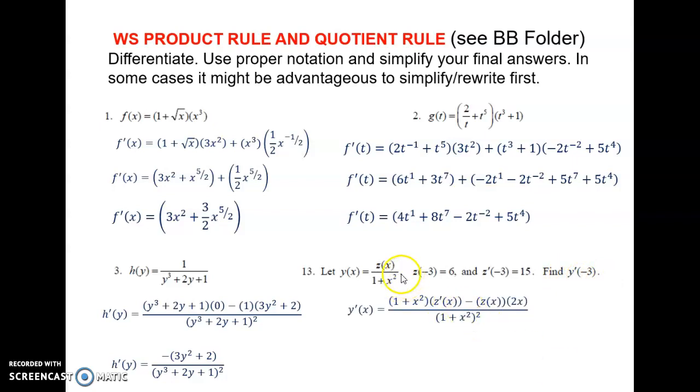Now notice the quotient rule is low d high minus high d low over low squared. And in this case, we're using function notation for z because we don't know what the function is. Next, I would put in negative 3 for every place we see an x. When I do, I can then evaluate this and simplify this expression.